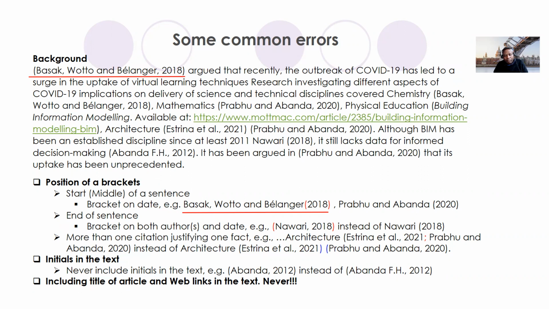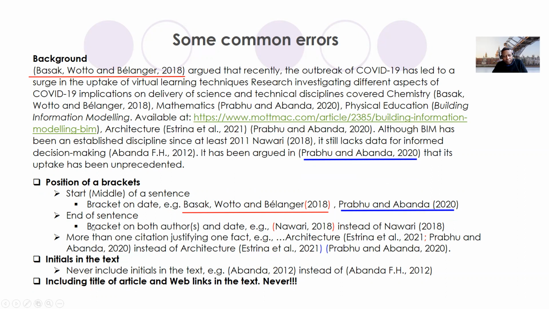It is as indicated below here, Basak, Woto, and Bilenga. The brackets are instead on the date. You see, Probo, that has been argued in Probo. If you see here, the first one, instead of having this like this, because it is in the middle, it has to be like this. Okay, where the bracket is only on the dates.